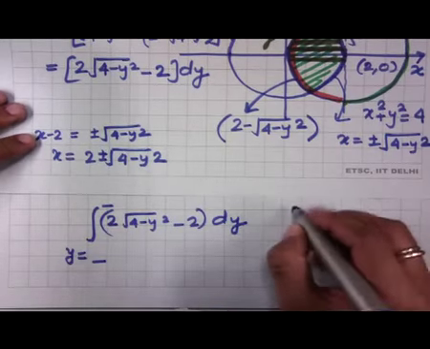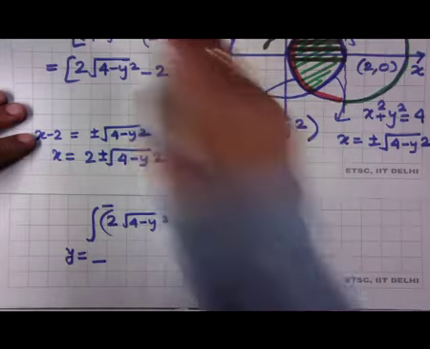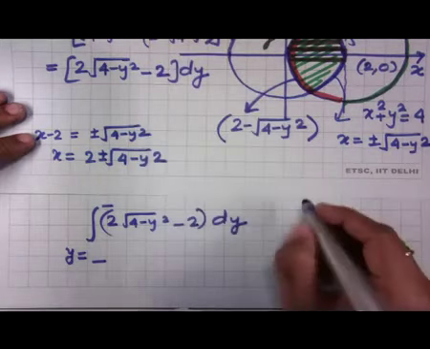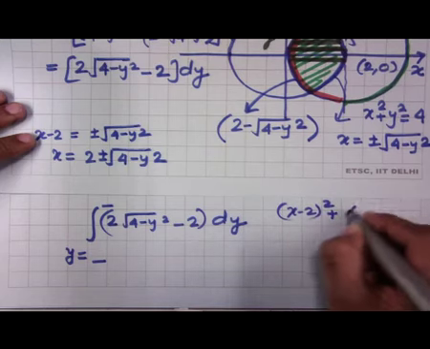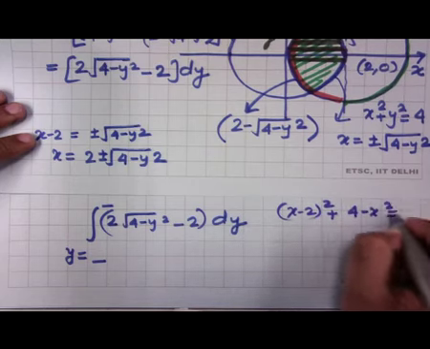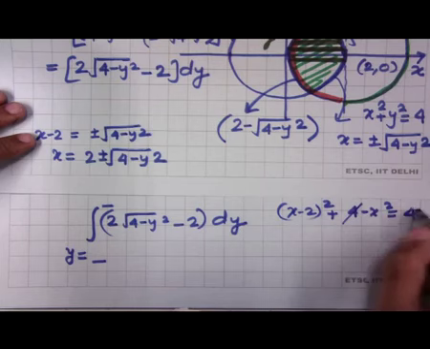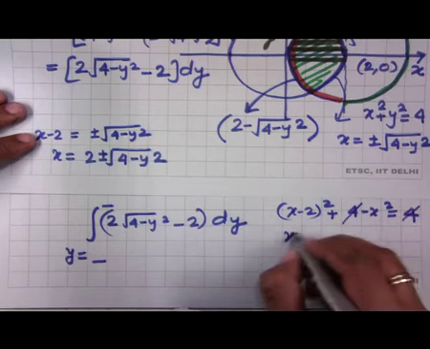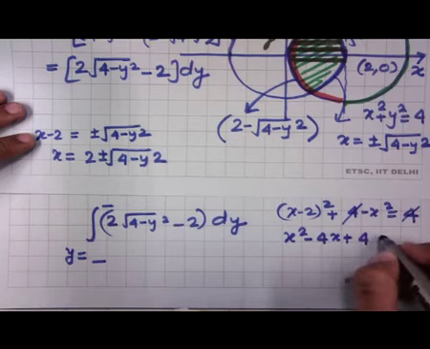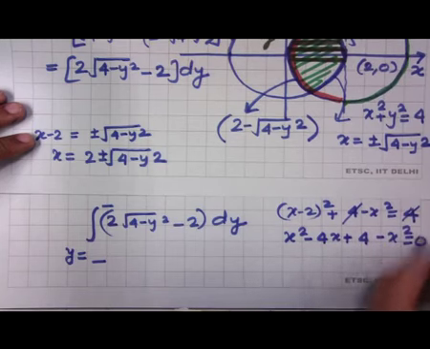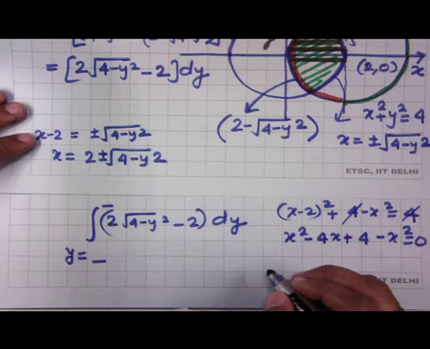So, to solve that, if you put y square equals to 4 minus x square over here, you get the point of intersection.